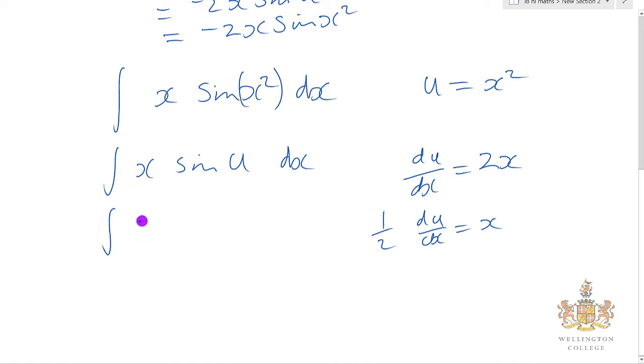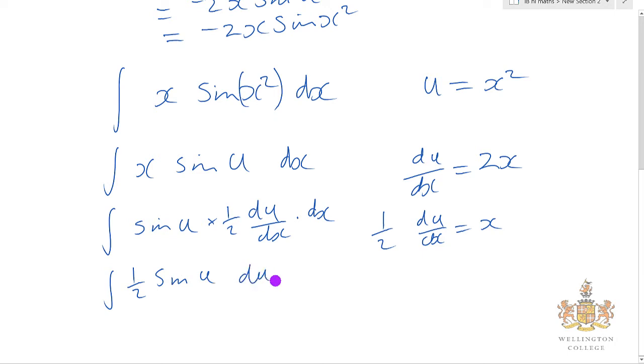I'm just going to change the order. Imagine the x is here, and I'm going to replace it with a half du by dx. So we times that by a half du by dx, and we've got dx of that. So this will just leave us with the integral of a half sine u du.